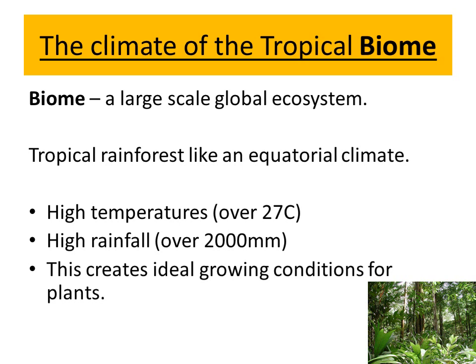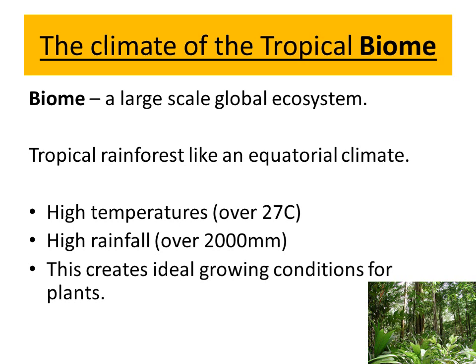They really like to have high temperatures, over 27 degrees centigrade, nearly every day throughout the whole year. So they don't have seasons like we do. They won't have autumn, winter, spring or summer. They just have one continuous season of very high temperatures over 27 degrees centigrade.